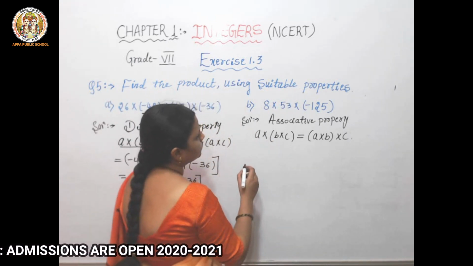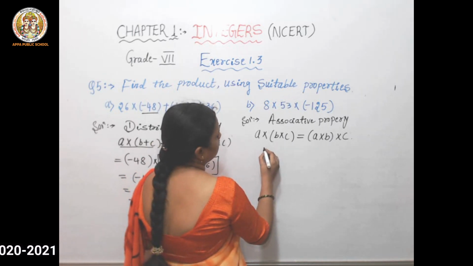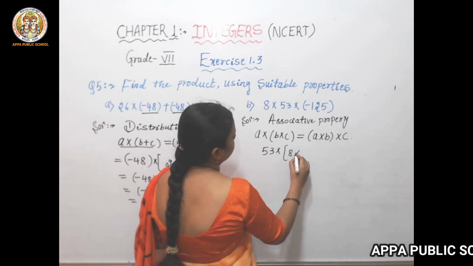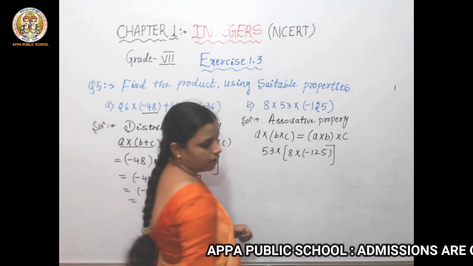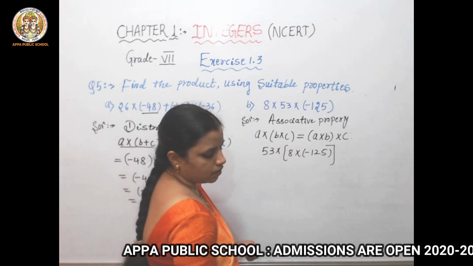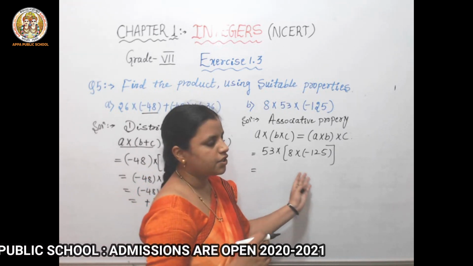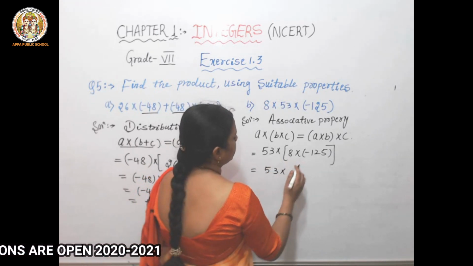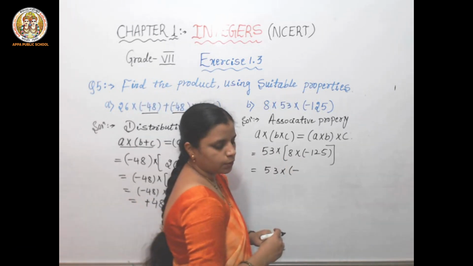Now, according to this, what will I do? First multiply 53 into 8 into minus 125. Just I change the elements. That is 53 into, to make the calculation easy, just we change the elements. Now 53 into, plus into minus is minus, 125 into 8.